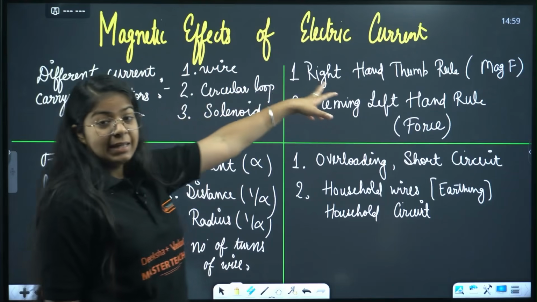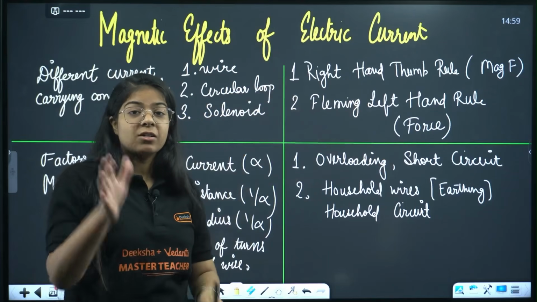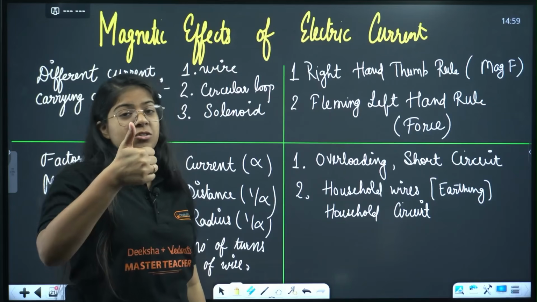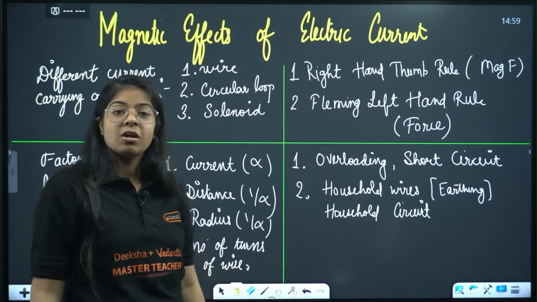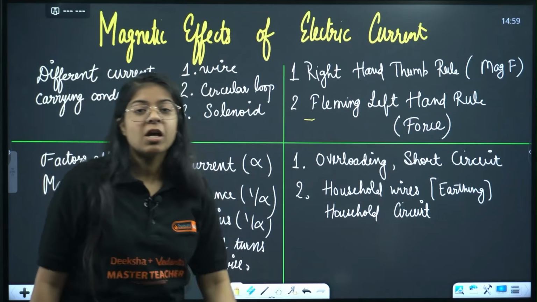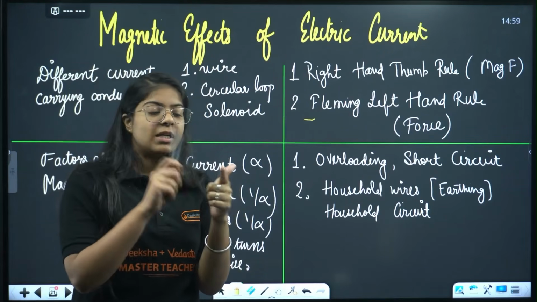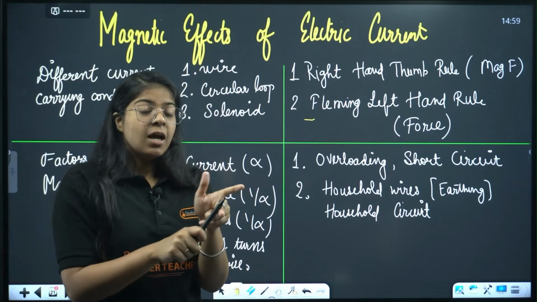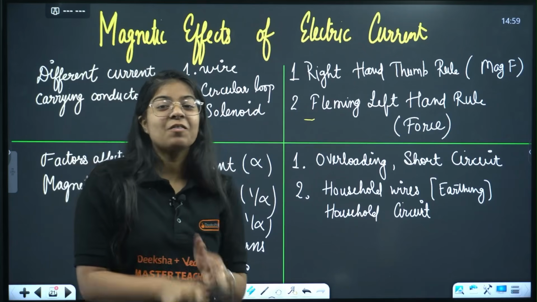Then we have the right hand thumb rule, which is used to find the direction of magnetic field. Thumb in the direction of current, curling of fingers gives the direction of magnetic field. Then Fleming's left hand rule to find the direction of force, where thumb gives the direction of force, index finger gives the direction of magnetic field, and middle finger gives the direction of current.